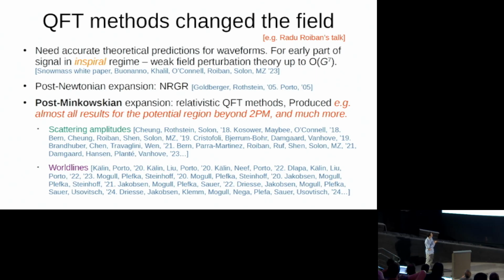More recently, there's the booming field of post-Minkowskian expansion, which naturally uses relativistic QFT methods to obtain results with exact dependence on velocity. Rather remarkably, it produced most of the results beyond the second post-Minkowskian order, although there are also classical GR results by Damour and collaborators, mostly on certain radiative pieces that can be obtained by linear responses.